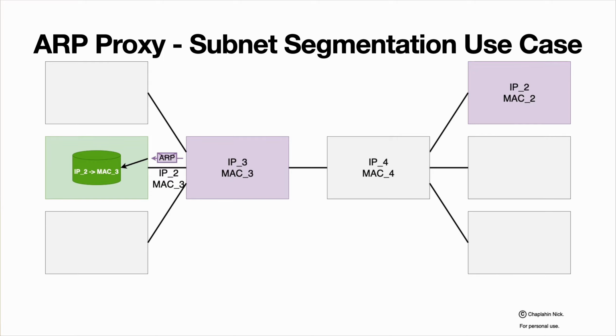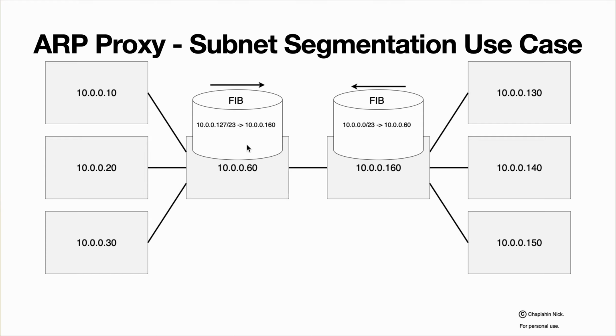And how it works then: those devices that are ARP proxy aware and can operate as ARP proxy are routers. So they have routing functionality configured in the way that they route traffic from one subnet segment to another subnet segment. For example, like here, they have a fully operational FIB table. Then the device receives an IP packet destined to another device.